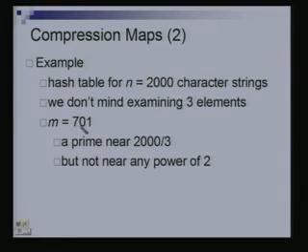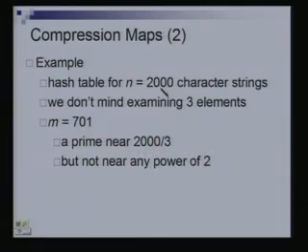I will try to pick the size of my hash table, let us say, at 701, which is a prime number. This will ensure that if things went well, then on average I would see only 3 strings per location. 701 times 3 is roughly 2000. In my chaining, the linked list would be of length only roughly 3.